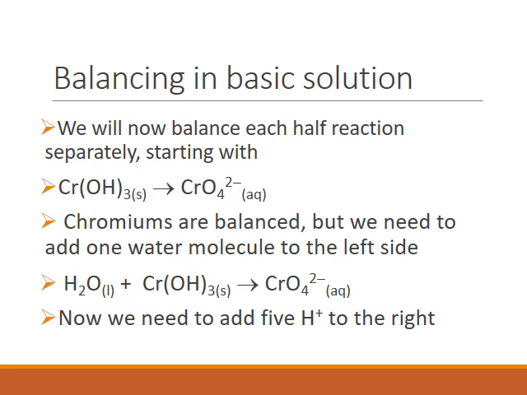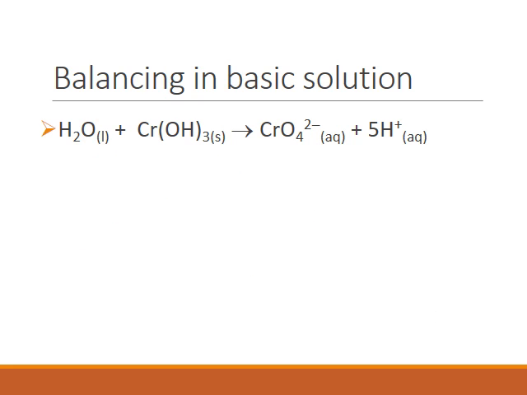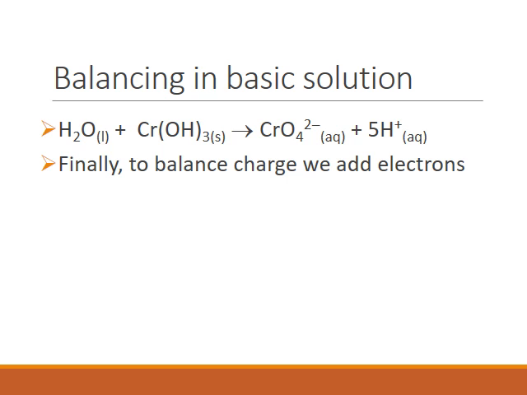Next, we need to balance the hydrogens by adding H+. I've got 5 hydrogen atoms on the left-hand side, 2 for the water, 3 for the hydroxides. I'm going to have to add 5 H+ to the right. That gives us this reaction. Finally, we need to balance the charges.